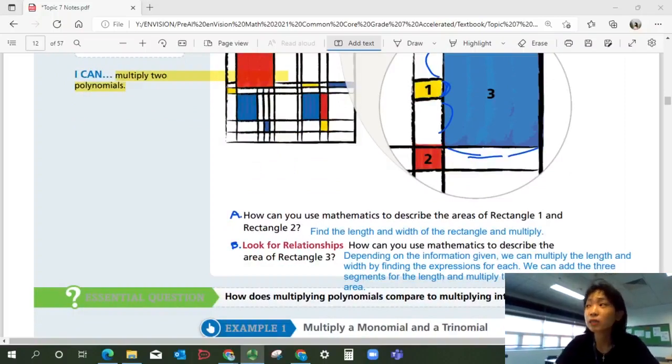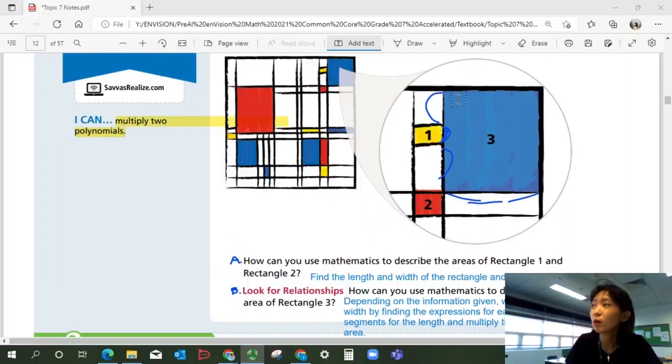So it really depends on what information you have. Depending on the information given, we multiply the length and width by finding the expressions for each. If we are given these expressions, we can add the 3 segments for the length and then multiply the sum by the width to find the area.